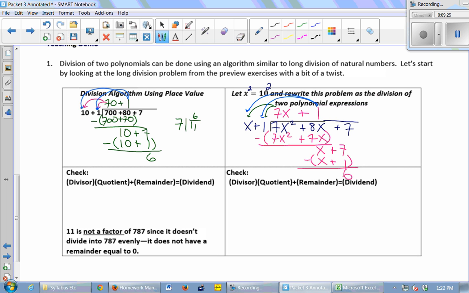So what this says, as a summary, right? This says that 7x squared plus 8x plus 7 divided by x plus 1 is equal to 7x plus 1 plus 6 over x plus 1, right? You take your remainder and put it over the divisor.